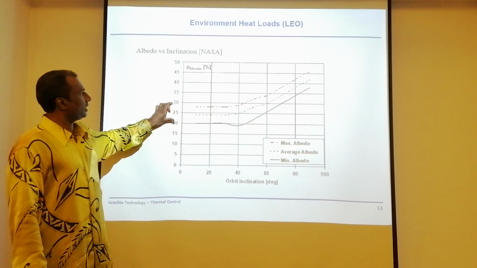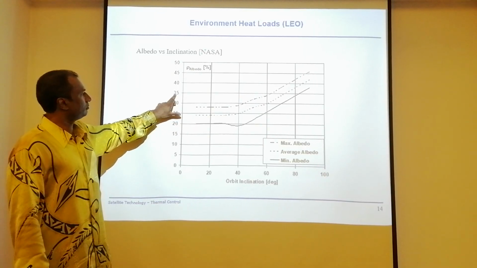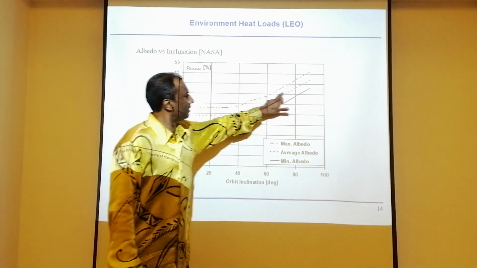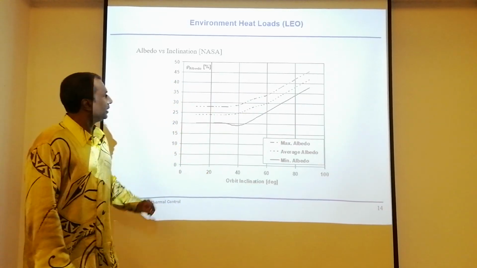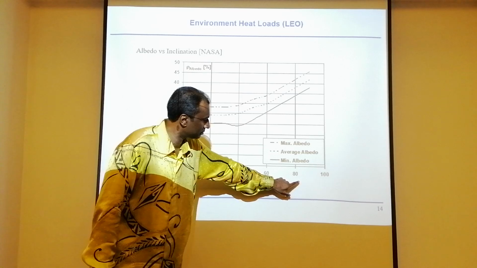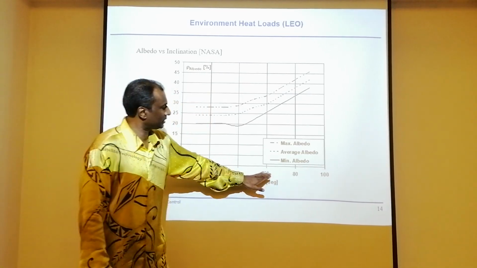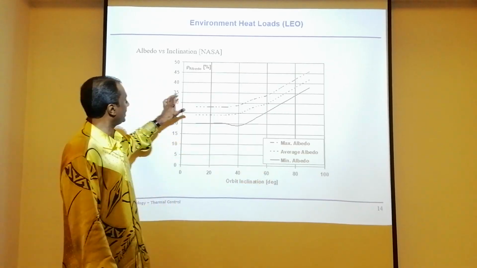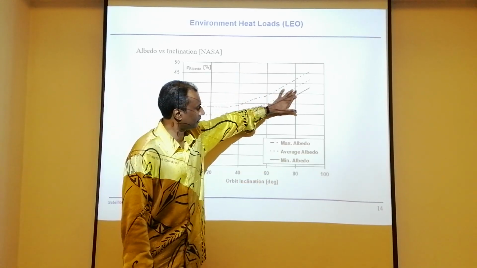As I said, we have accounted for about 30, we say 0.35. This is where we are, about the average of this. Now for orbit inclination, let's say low Earth orbit, about 80 plus, that's where you hit around here.